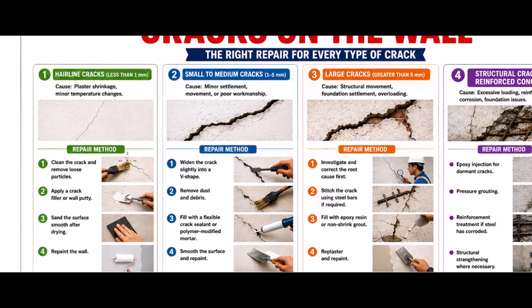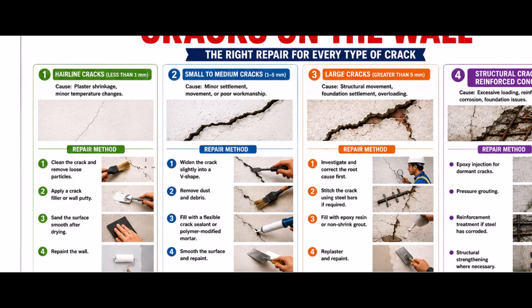Step 2, remove dust and debris. Step 3, fill with a flexible crack sealant or polymer modified mortar. Step 4, smooth surface and repaint. Like I said previously, if you look at the screen, you see a picture of what some of these materials are and the processes, what they look like.